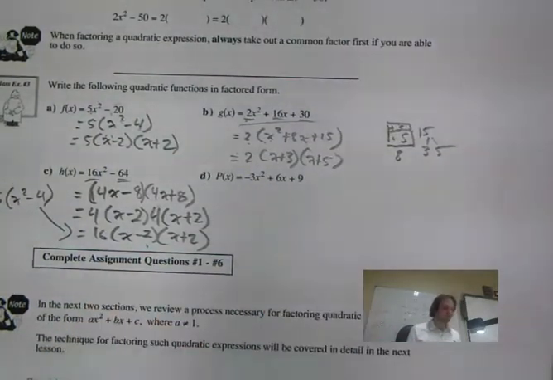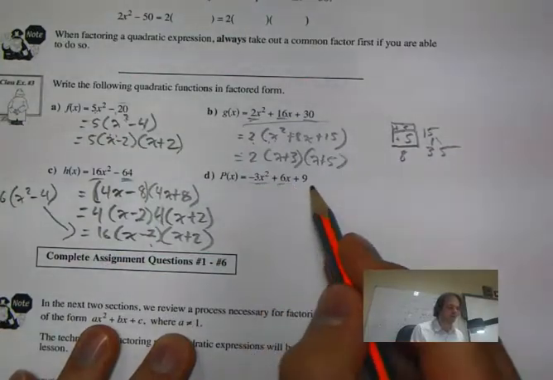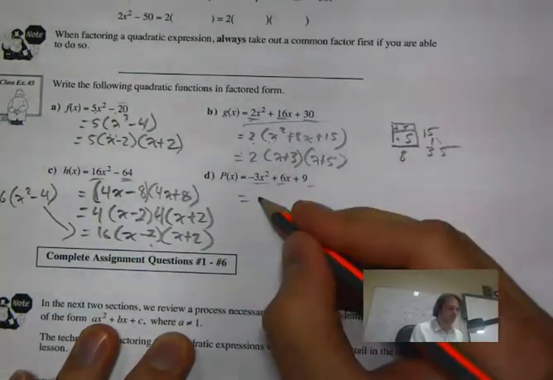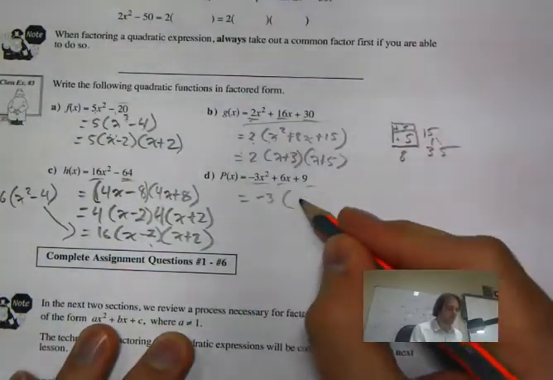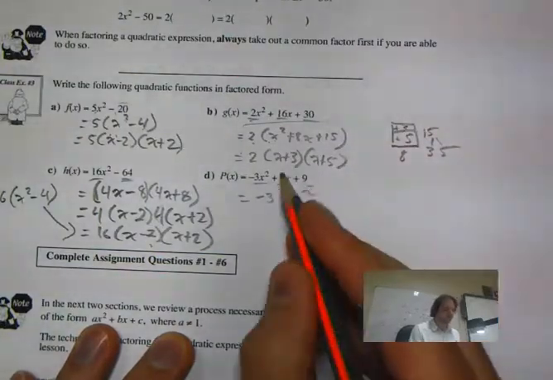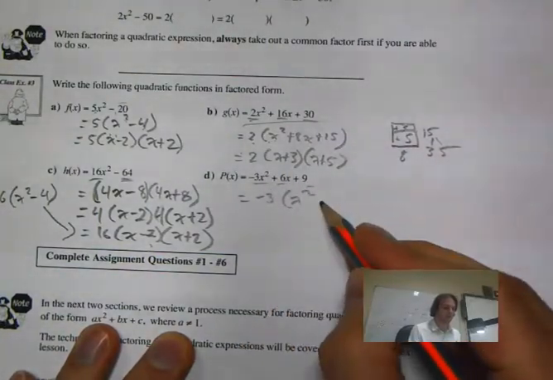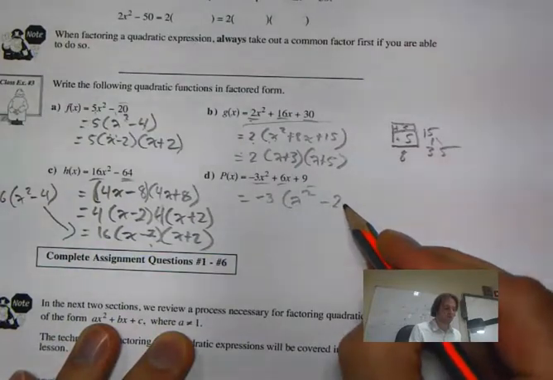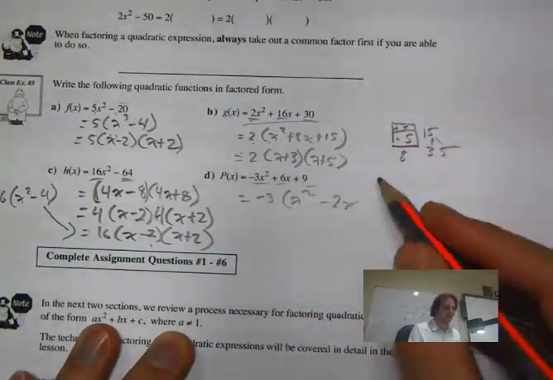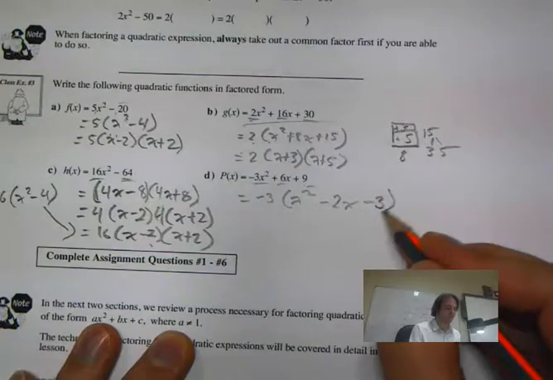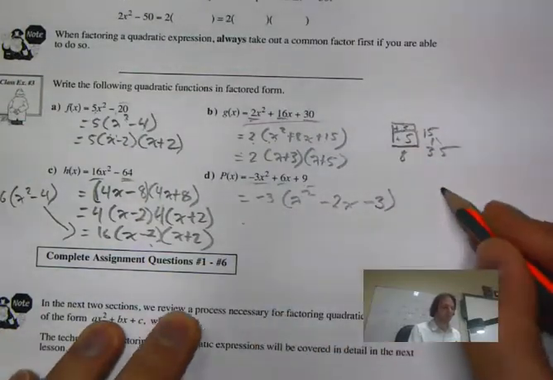Here's the next one. Normally the best idea is, can we divide everything by the coefficient? Yes. So I'm going to take out -3, and I'm left with x squared. Now if I divide this by -3, that gives me -2x, and then I divide that by -3, that's going to give me -3. So now I could do my box method.